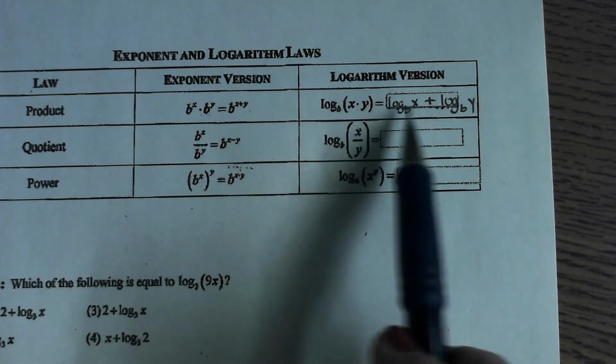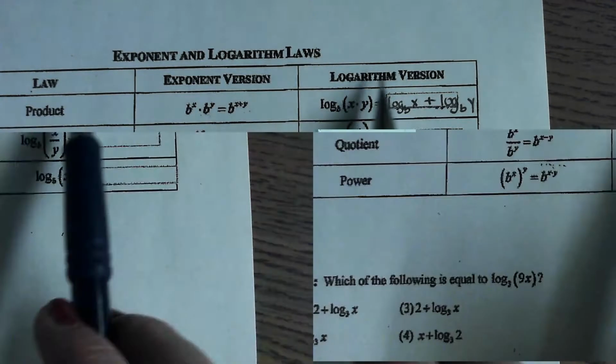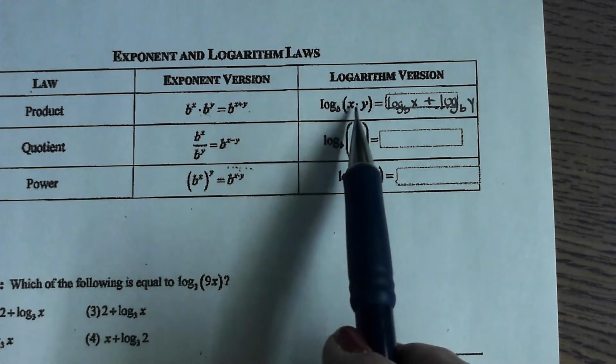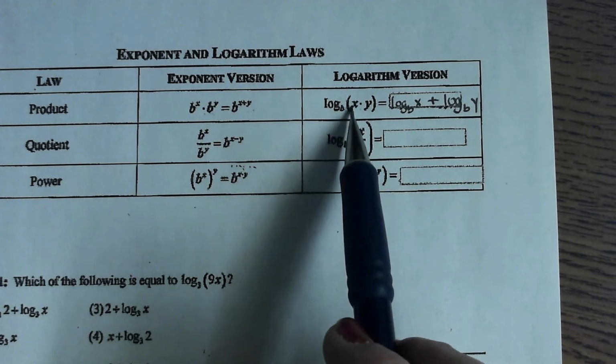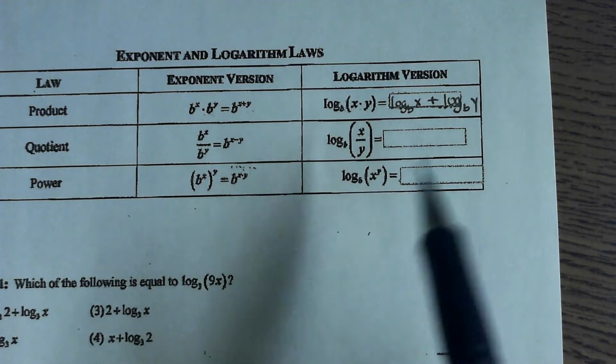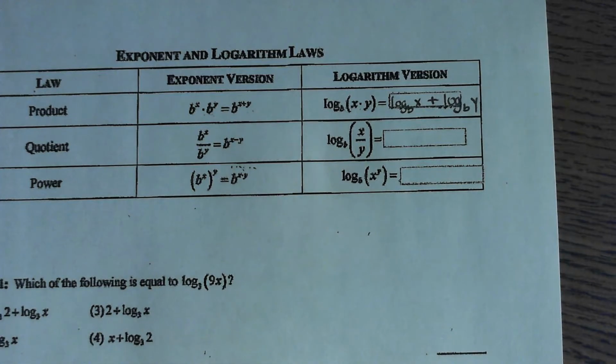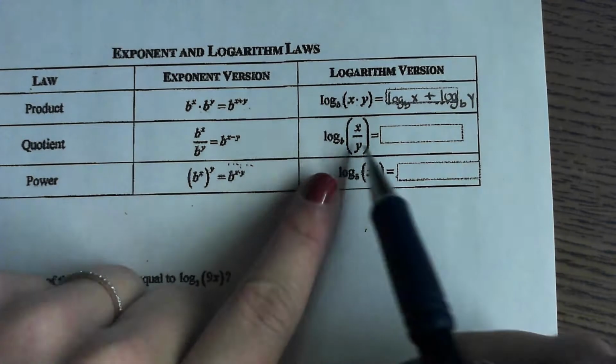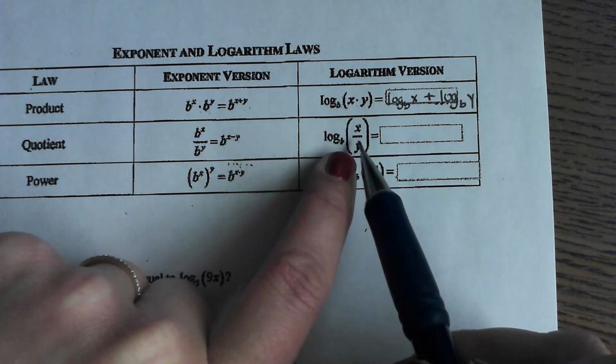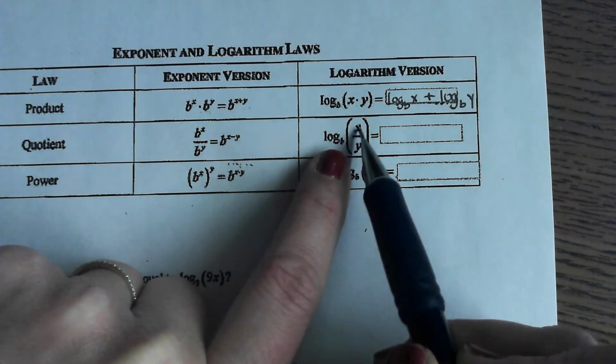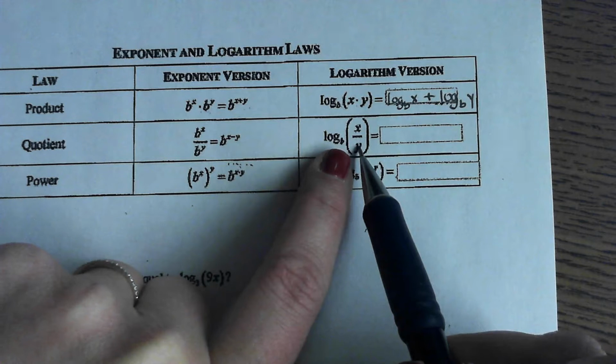You can go from right when they're expanded to the left and condense it, or the way we did it, which was it was already condensed and we expanded. You'll see over the next few days when is appropriate to do either one. As far as the second log one, which is division, it's a single log, and things are being divided.